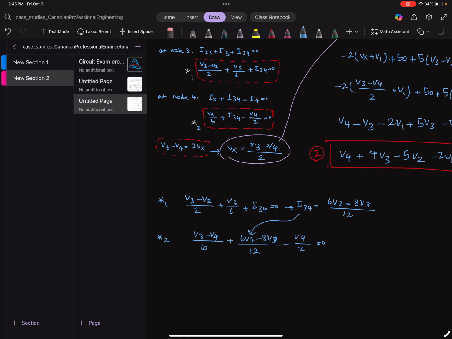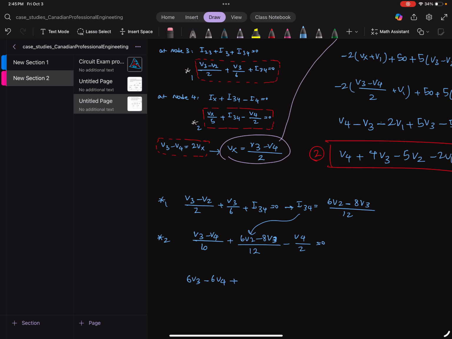So now we need to go to here, we can do, I don't know, 60 or something like that. Probably, yeah, 60. Multiplied by 6, this is going to be 6v3 minus 6v4. And this is multiplied by 5.